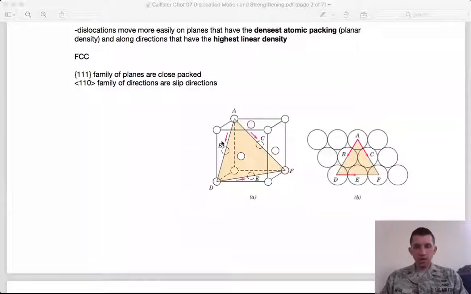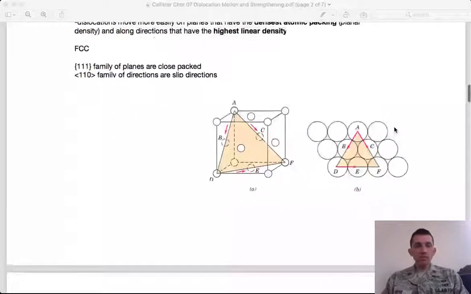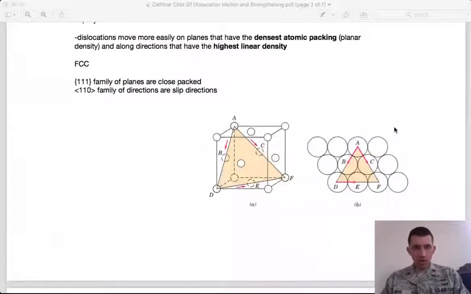So if I take this plane, here's what I get. I have close packed planes, so all the atoms are touching their nearest neighbor, and if I move in any direction along a line of atoms, they're all close packed along that line, all touching along that line as well.